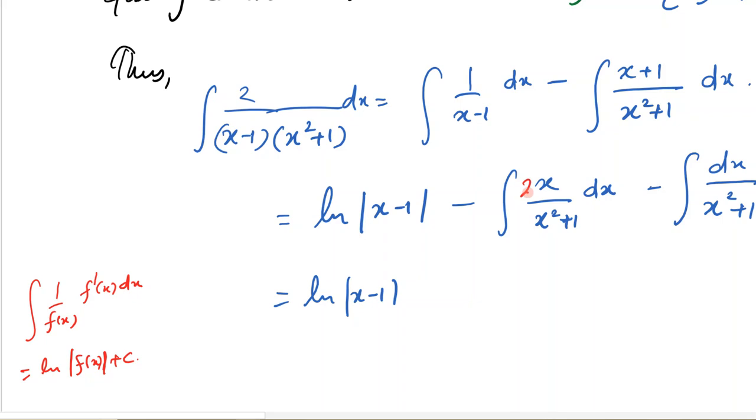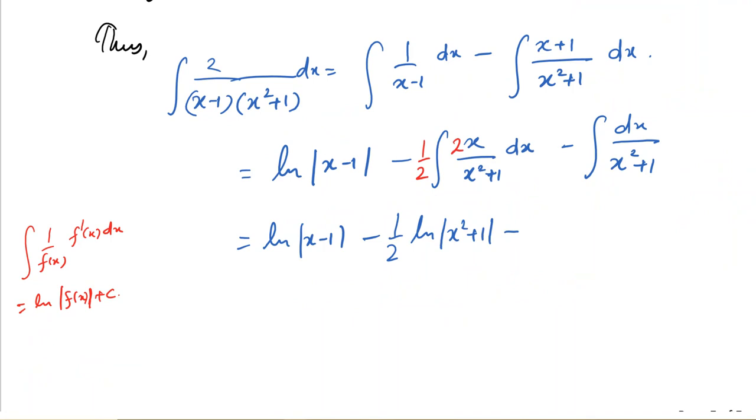In this case, we just need a 2 to make the differential of x squared plus 1. So we get half ln of the modulus of x squared plus 1. And then the last one is the inverse tan form: the integral of 1 over x squared plus a squared is 1 over a times tangent inverse of x over a.